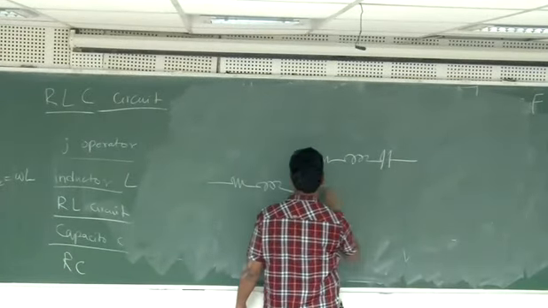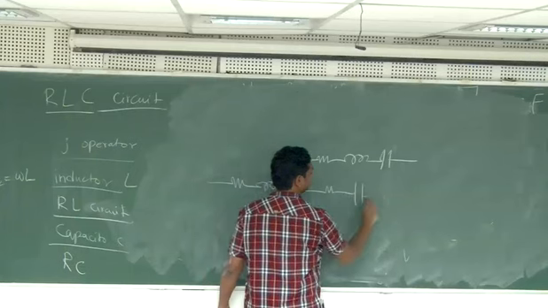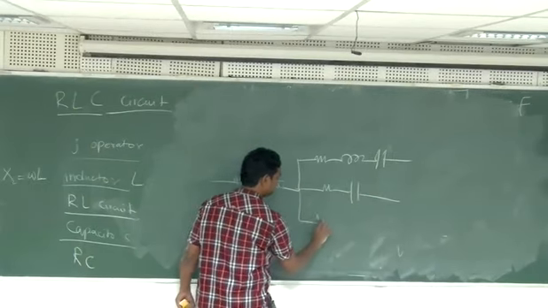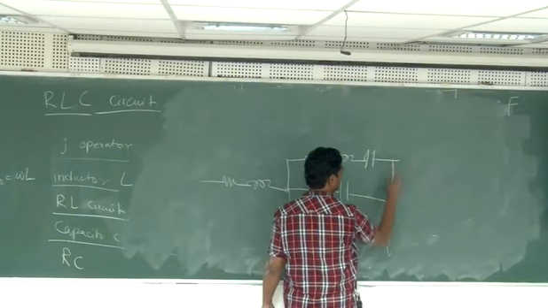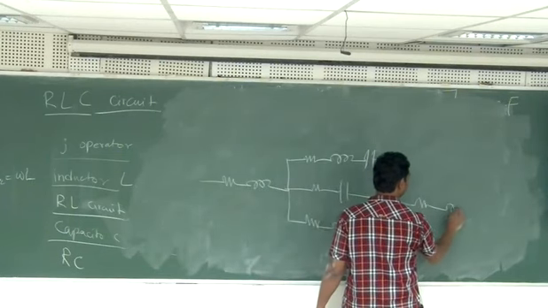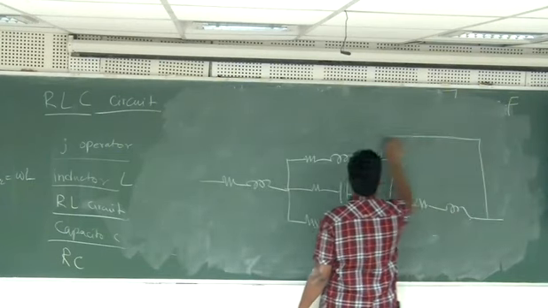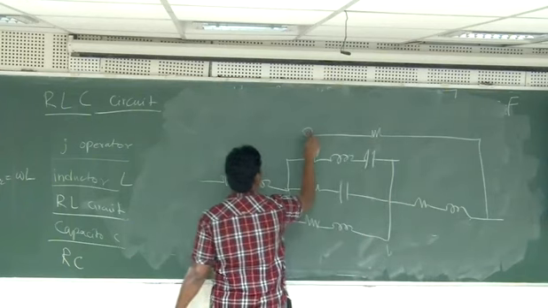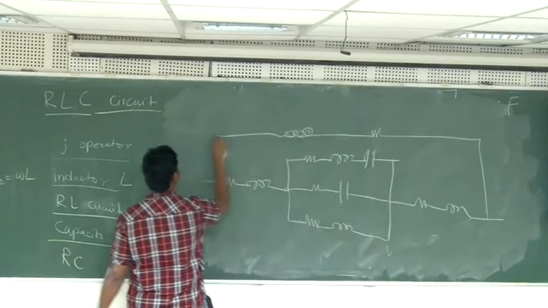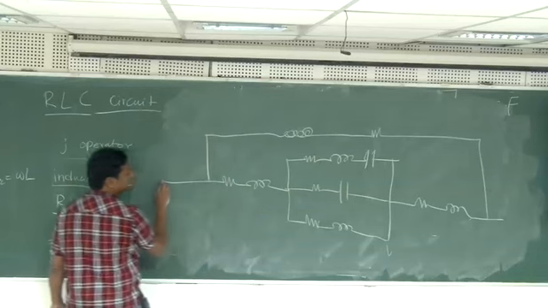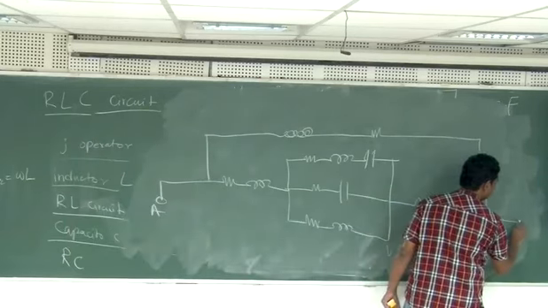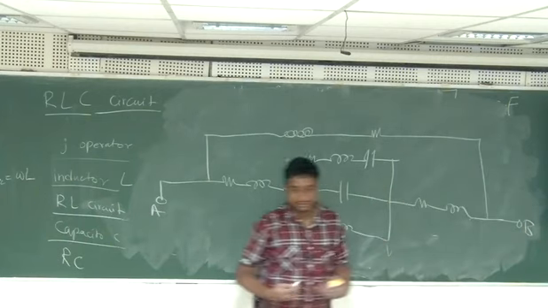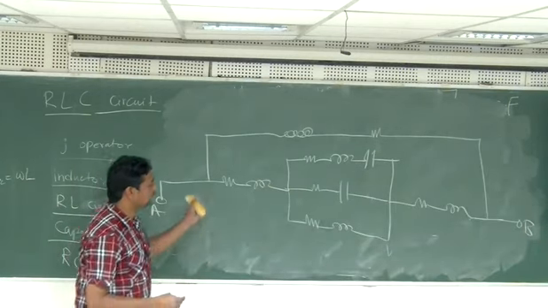This is a capacitor. I am drawing backwards. So something like this. This is A and this is B. So you have to find what is the impedance between A and B given all the values.